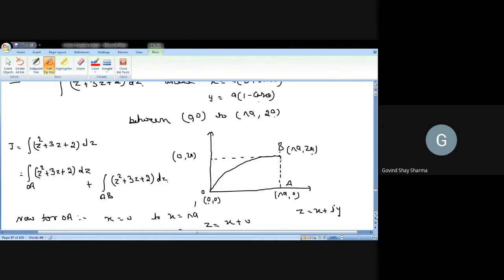Okay, so there are two paths, OA and AB. We divide this integration in two parts, OA and AB.